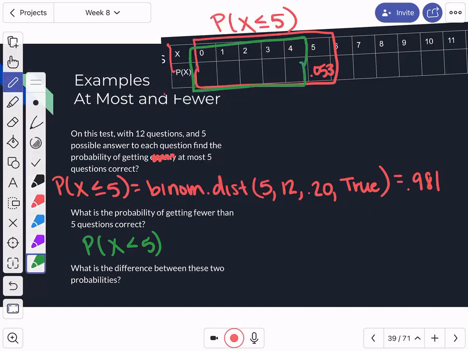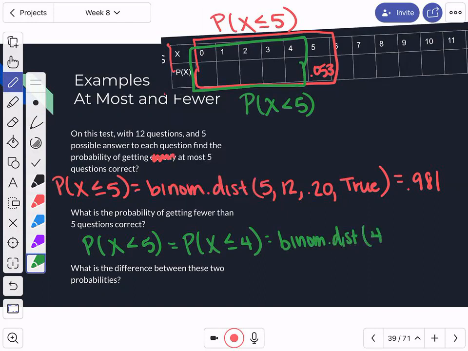So this is going to be represented by these numbers here. This is the probability that x is less than 5. If I want to calculate using Excel or my calculator, though, how do I have to write this? This is the probability that x is less than or equal to 4. So binom.dist. This time I'm going to stop at 4 successes, 12, .2, and again I'm true because I want to add them all up.